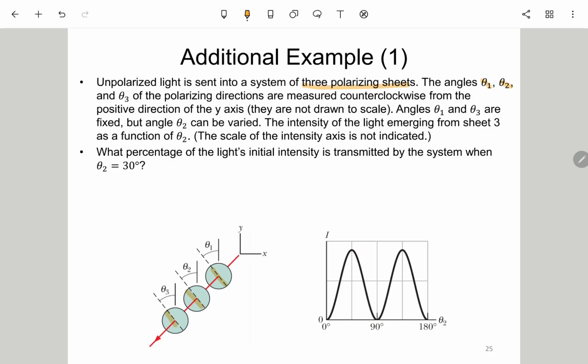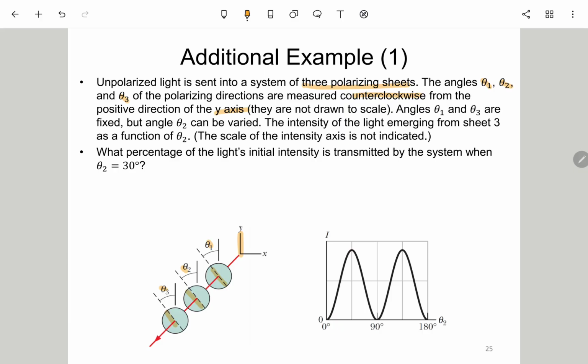The angles theta 1, theta 2, and theta 3 of the polarizing direction are measured counterclockwise from the positive direction of the y-axis. They are not shown to scale, just to let you know we have some angle. Don't try to measure this angle and then answer.